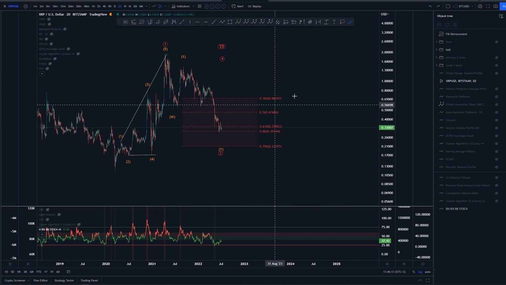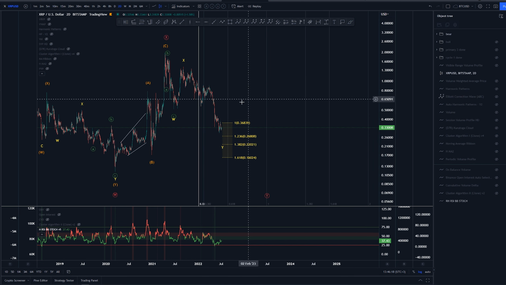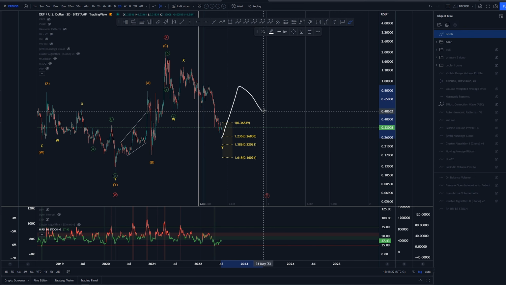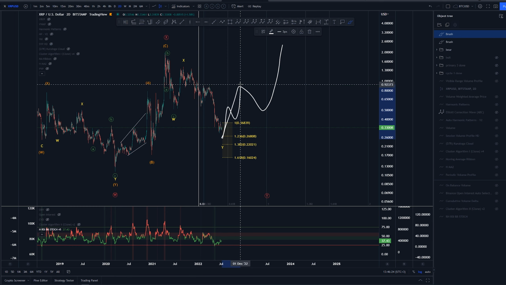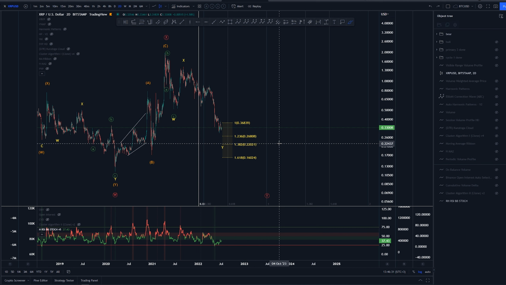If you want to be playing this bullish count, of course, with the bearish count, even though it could be going higher, it definitely can be going with the 3-way structure. So even WXY, where the W could be something like this. We just don't know what kind of structure we're going to be having.